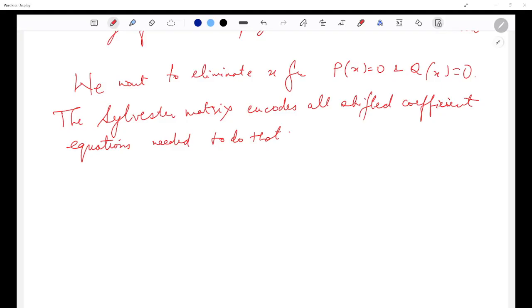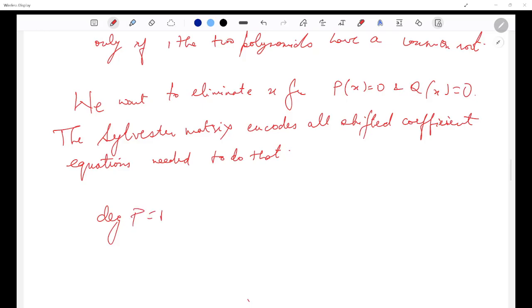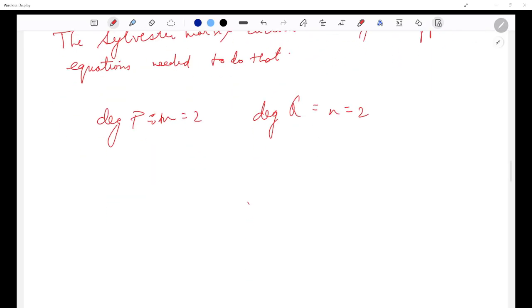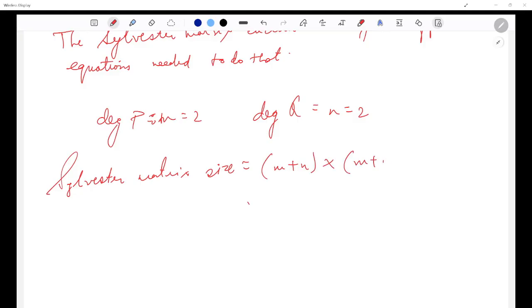So from here we see that the degree of P is m, which is 2, and the degree of Q is n, which is 2. So the Sylvester matrix size is m plus n cross m plus n, which is 4 cross 4.